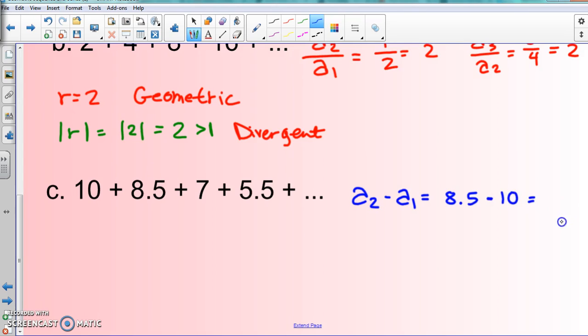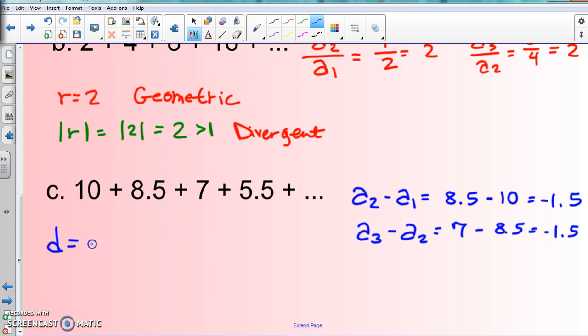If you put that in the calculator, that's a negative 1.5. Then let's do the other ones. Make sure we have a common difference, not a common ratio. So we do 7 minus 8.5, and again, that is negative 1.5. So a common difference this time. Yay! So that means it's arithmetic.